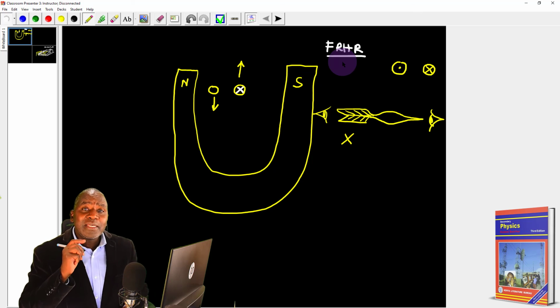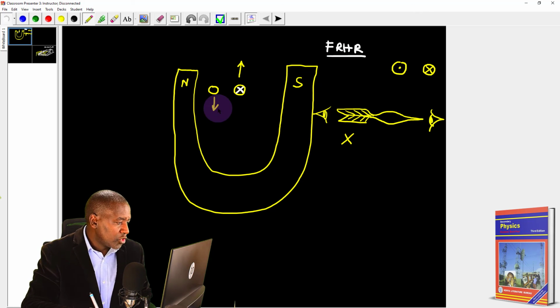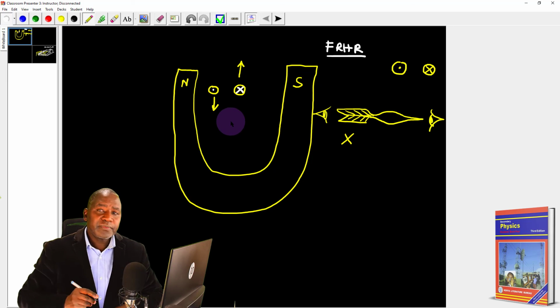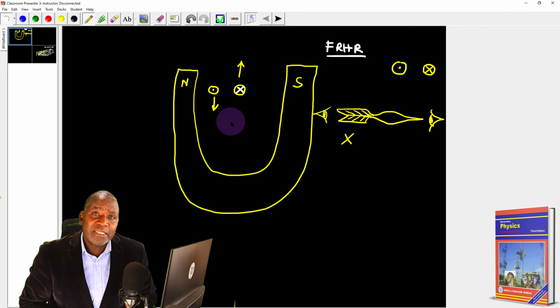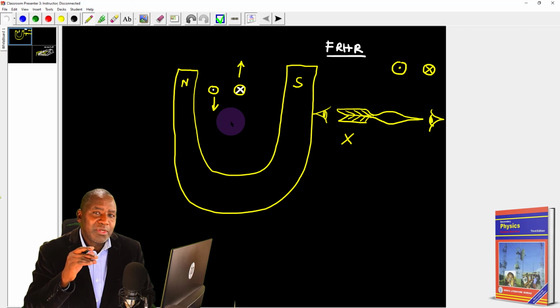This one is Fleming's right hand rule for generators. So if you're moving it down, of course, the direction here will be a dot. So I can use Fleming's right hand rule to determine the direction of the induced current, in which case I have determined the direction of the induced EMF. That is how we use Fleming's right hand rule to determine the direction of the induced EMF.